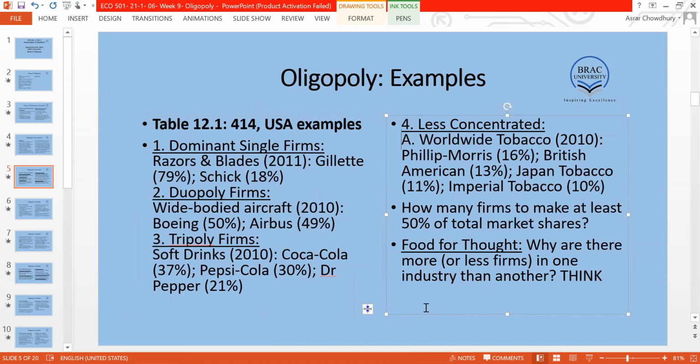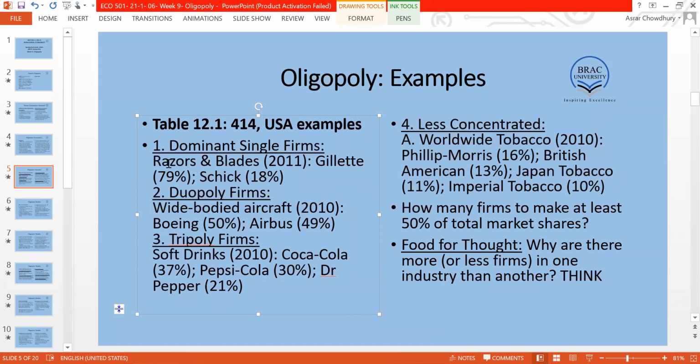Okay, so what we are going to try to think is why there is a difference here. Why is it that here 4 firms are dominating? Why here 3 firms, 2 over here, 1 over here? This is the food for thought.